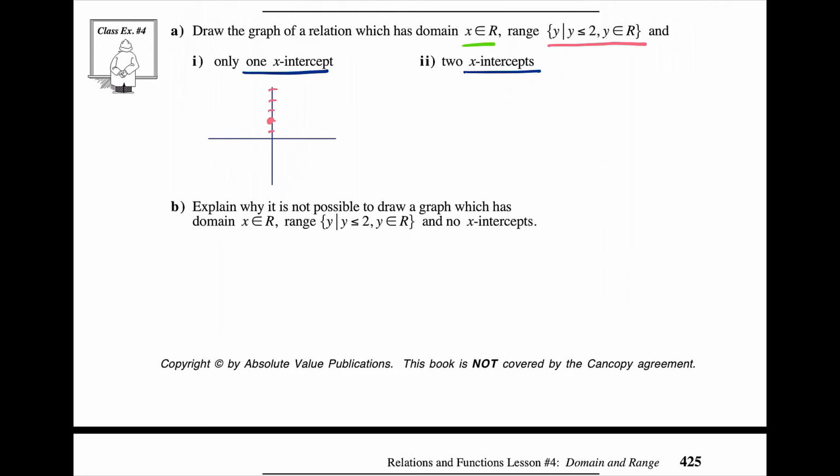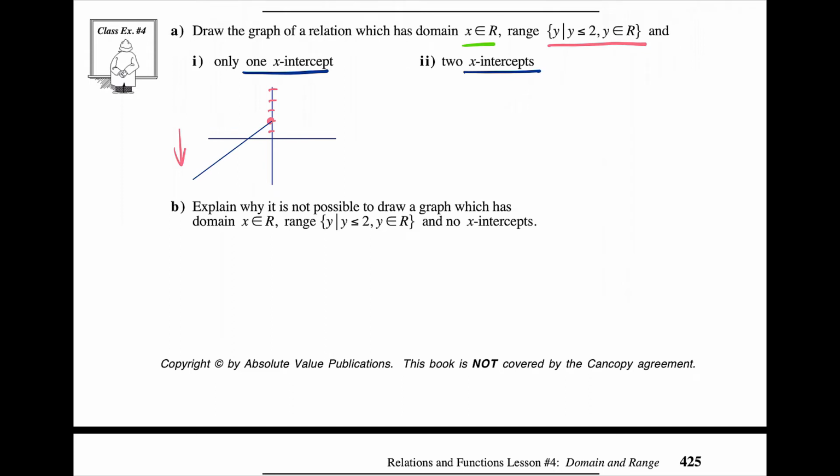And y is less than or equal to 2. So it's from this point going down. Essentially what I need to do is draw a line from here coming down in this direction. You can see that goes through the x-axis at only one point, or it can even go in this direction as long as it's crossing the x-axis at only one point.